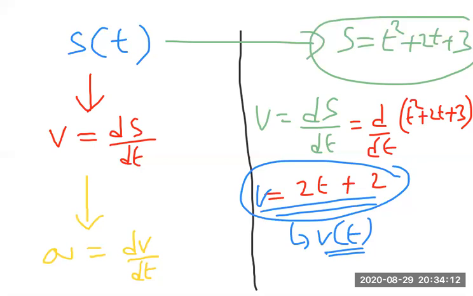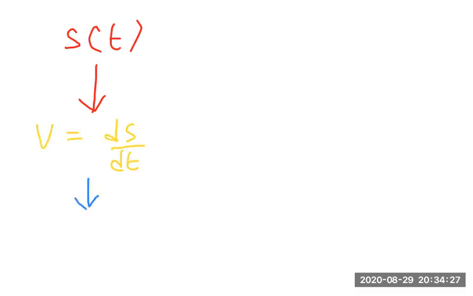So what I'm saying here is, whenever displacement is given as some function of time, you will get instantaneous velocity by differentiating the displacement with respect to time. And if velocity is given as a function of time, then we can get the instantaneous acceleration.